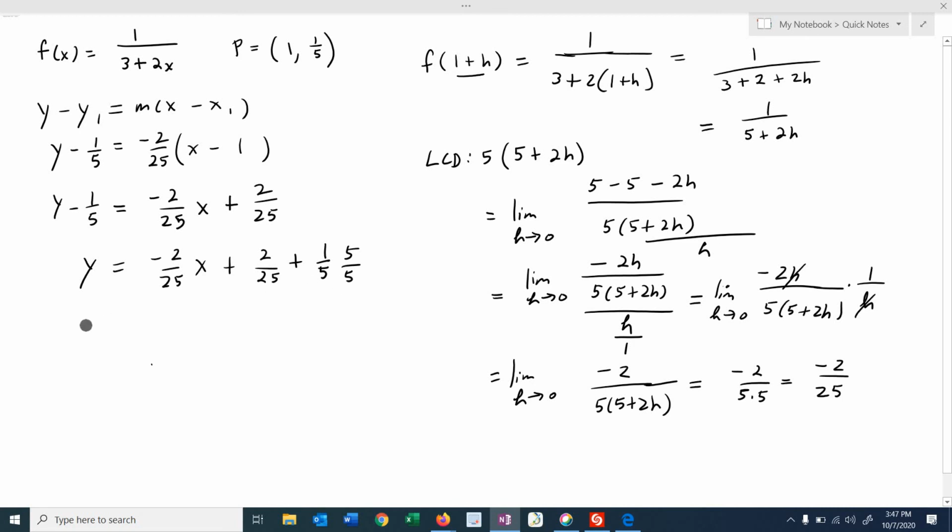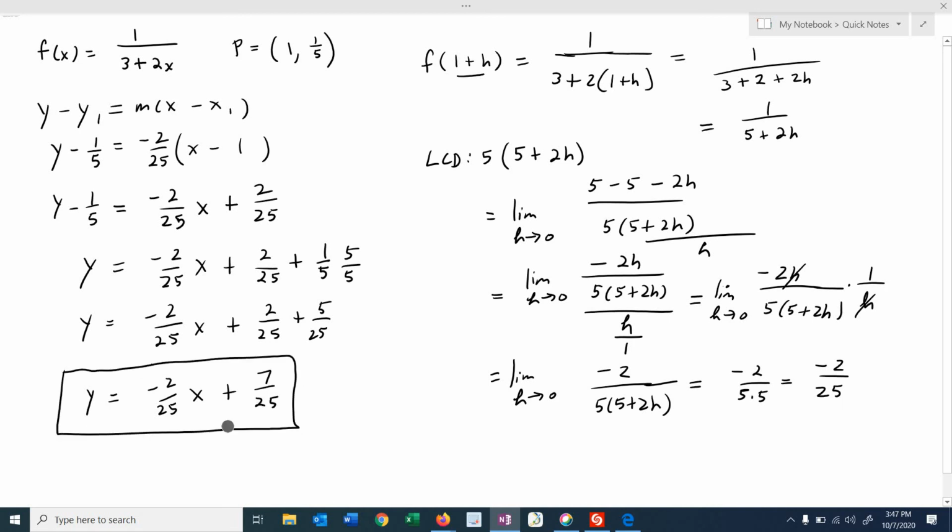So we have a common denominator of 25. Okay, so now we're left with 2 over 25 plus 5 over 25. And so that gives us 7 over 25. Okay, so that would be the equation of the tangent line to this function at that particular point.